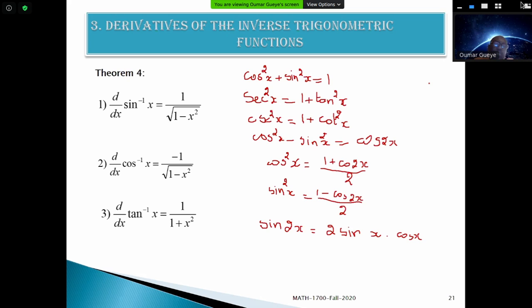All right. Now let's see the fourth formula, when we want to differentiate the function cot inverse. I'm going to remove all this.